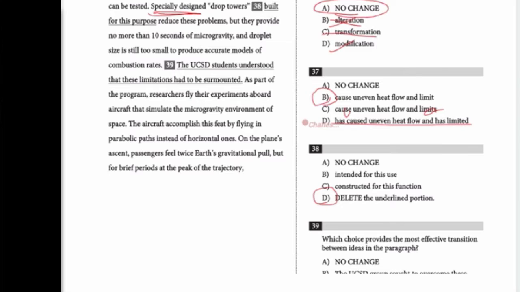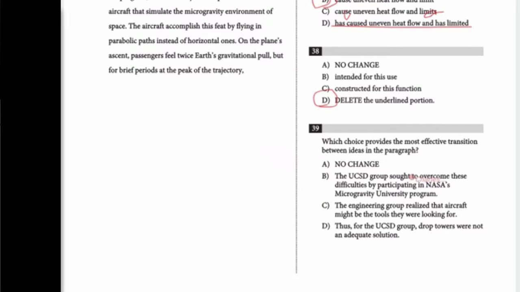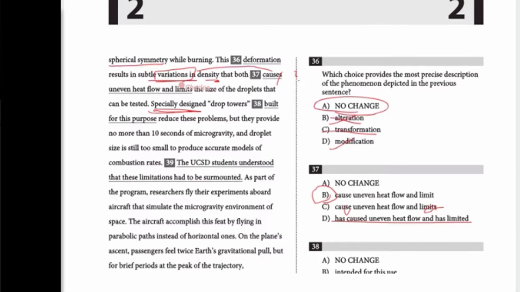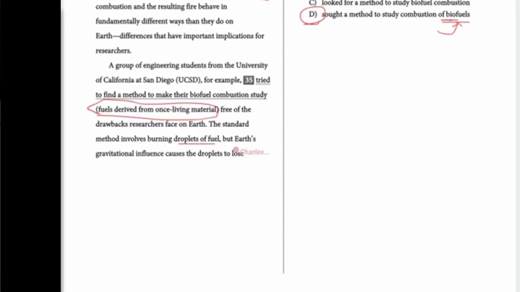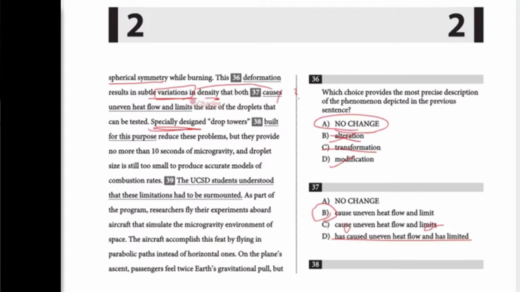Which choice provides the most effective transition between ideas in the paragraph? So effective transition between ideas in the paragraph. What are the ideas that we're transitioning from here? Let's go back. So the UCSD students tried to find a method to research biofuel on Earth, but they wanted to simulate space. So how did they do that?